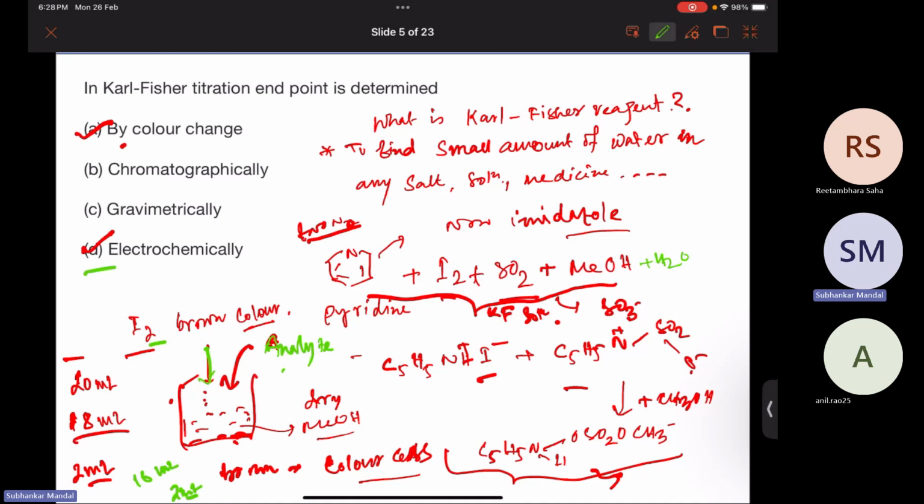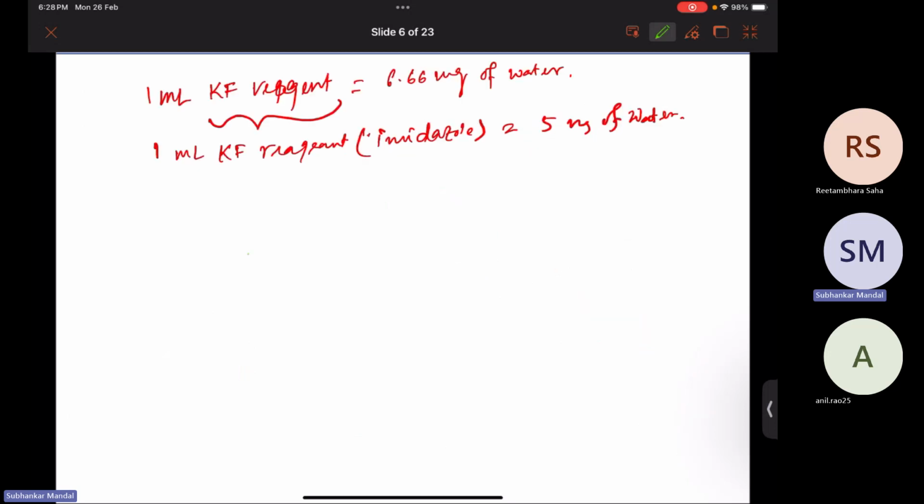In the solution we have iodine, and a redox reaction is happening: iodine goes to I minus. As electron transfer is happening, you get a current value. When the iodine is in your system, you get the current value like this.